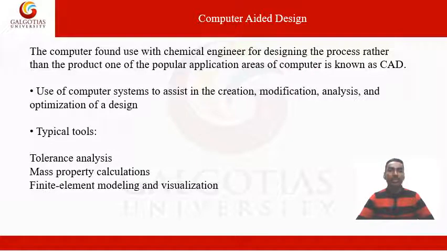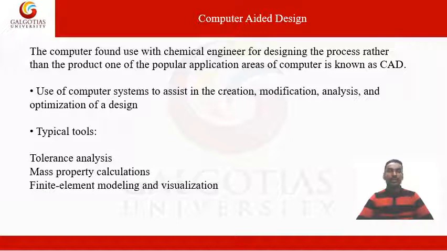The computer found use in chemical engineering for designing the process rather than the product. One of the popular application areas of the computer is known as CAD. You all know about CAD. These are the software which we normally use to design.